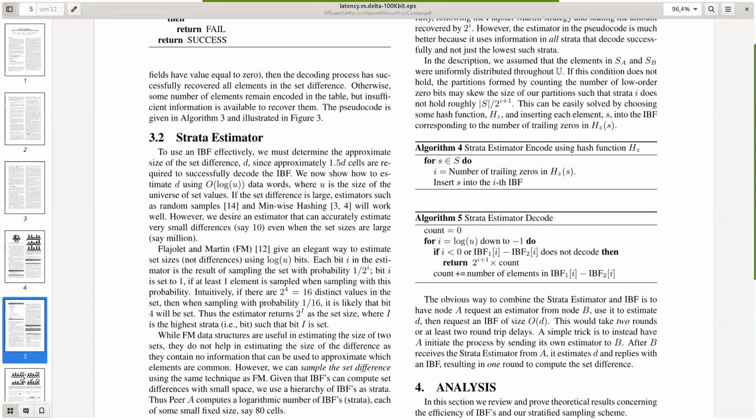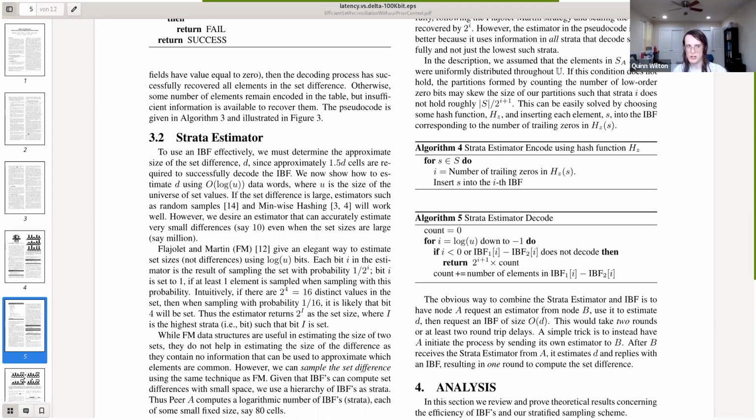So they're computing the set difference for all of the elements with the highest bit set to 0, and then all of the elements with the second highest bit set to 0, and so on until they find one that they can't extract from, and they multiply by a factor of a power of 2 based on how far they get. So that's how they estimate the difference. It's not based on the final IBF, but on the fancy estimator thing. Although I'm not exactly sure mathematically why their estimator works, just that they say that it does.